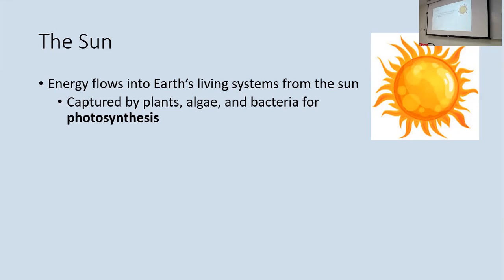We're not able to use this heat directly, but there are organisms, autotrophs, that can harness this energy and convert it into other forms that we're able to use. So things that photosynthesize, plants, algae, a lot of bacteria, capture that heat and light energy coming into Earth from the sun and convert it into forms of energy that the rest of life on Earth is able to use.